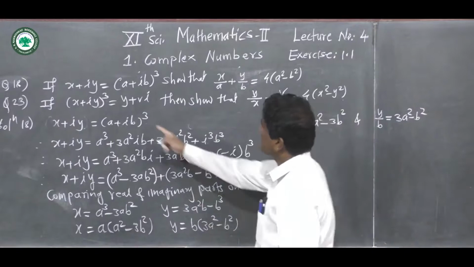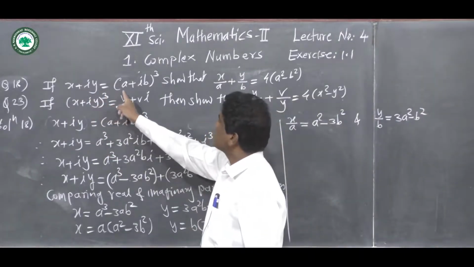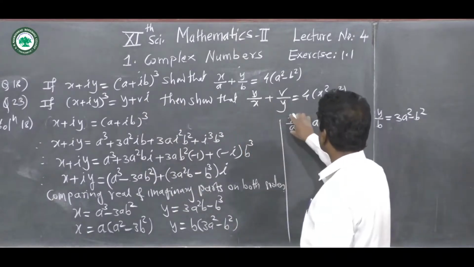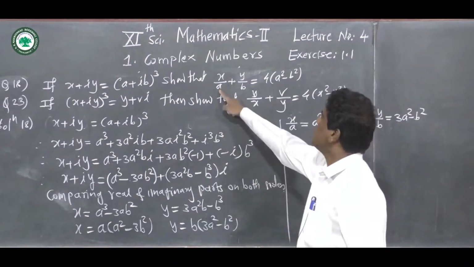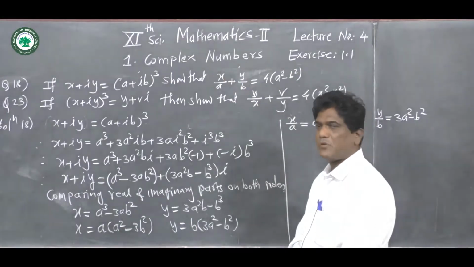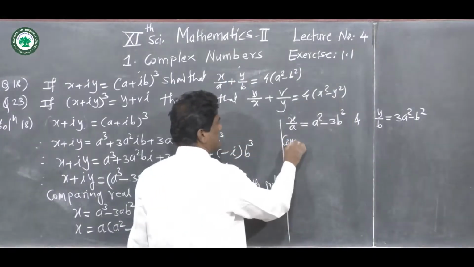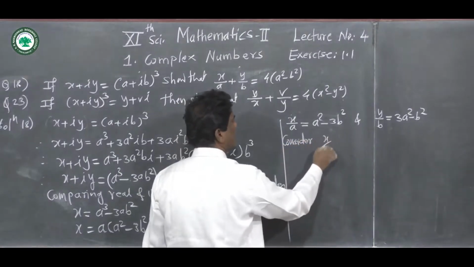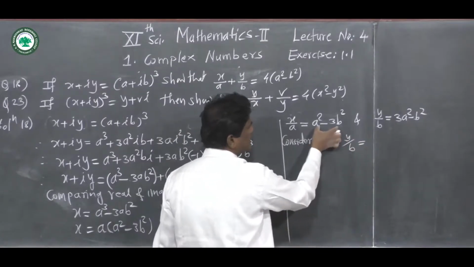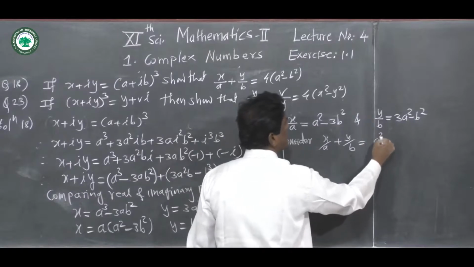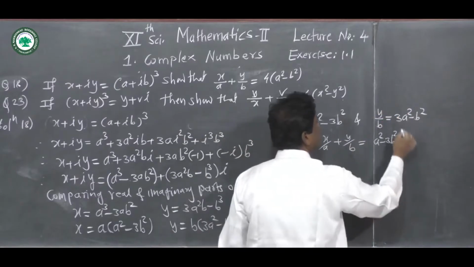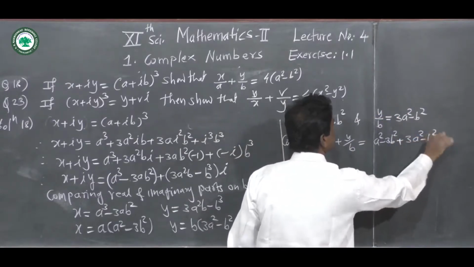Now here we consider this part: x + iy is equal to (a + ib)^3. We solve this, then we get the values of x upon a and y upon b. Then we have to show that this is equal to the right hand side. So we consider x upon a plus y upon b is equal to, putting the values, a^2 minus 3b^2 plus 3a^2 minus b^2.